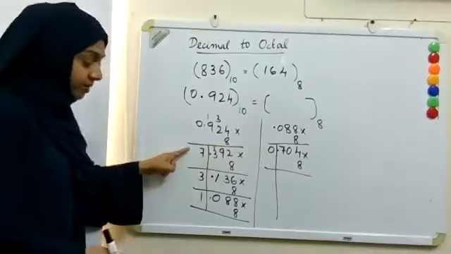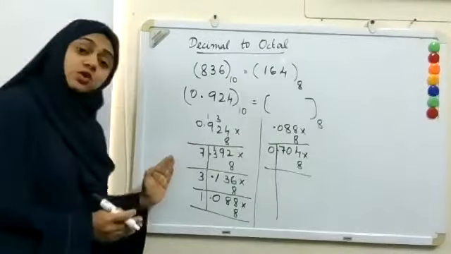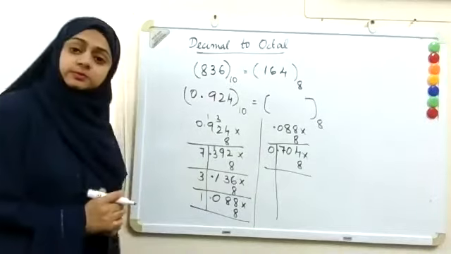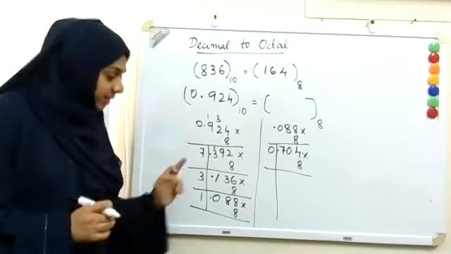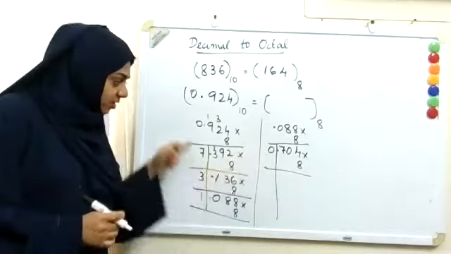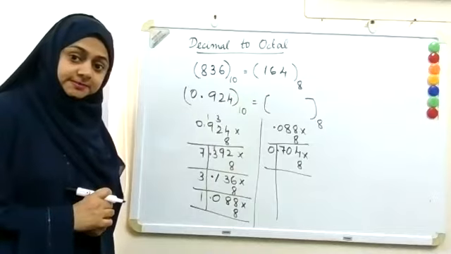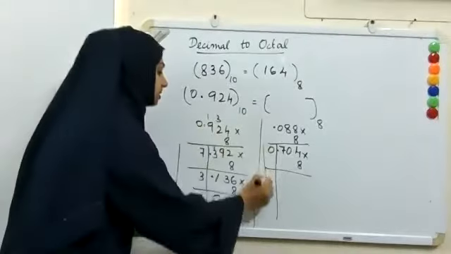I got how many digits? 7, 3, 1 and 0. So from which order do I have to write? From 0 to 7 or 7 to 0? Remember, in which order should we write? 7 to 0. We have to go down like this.